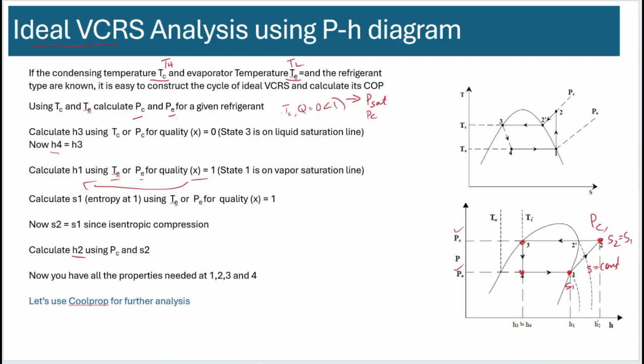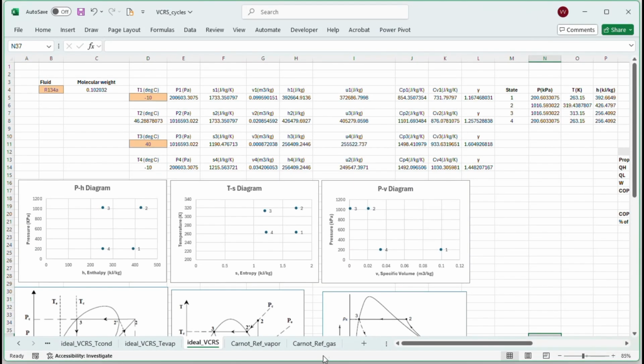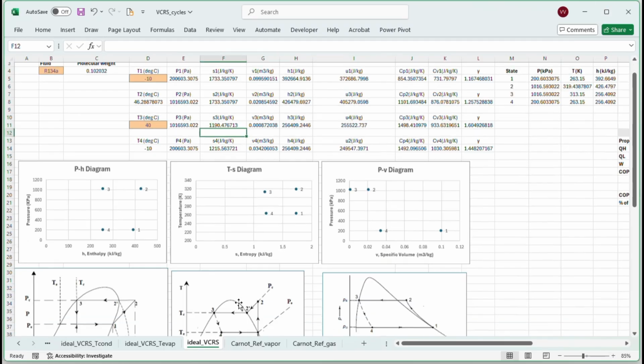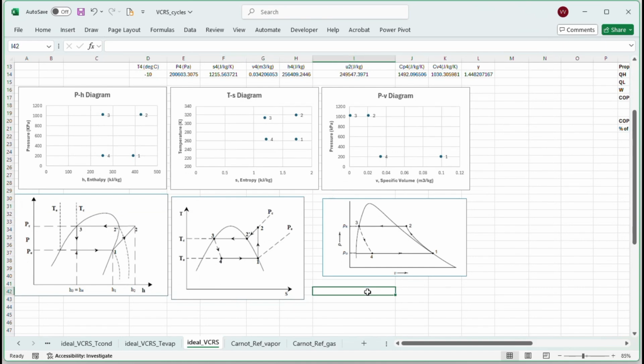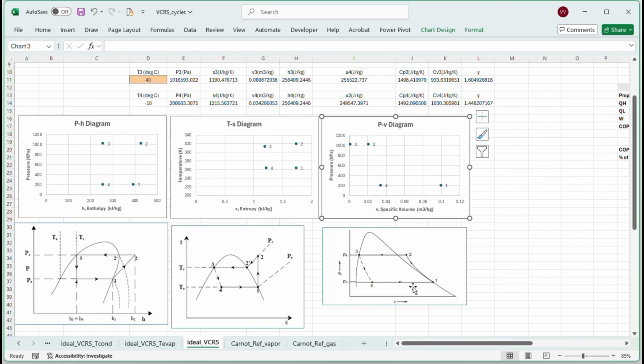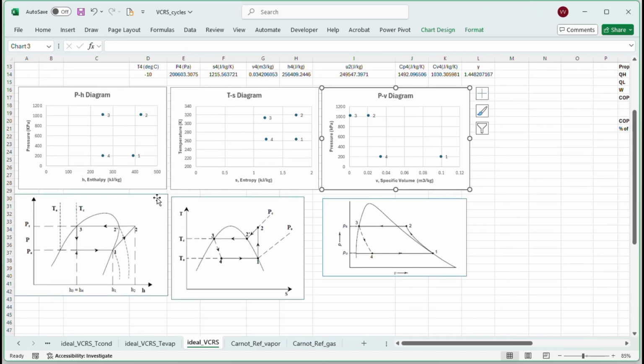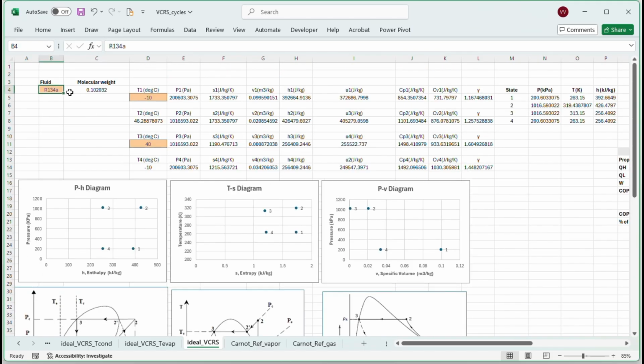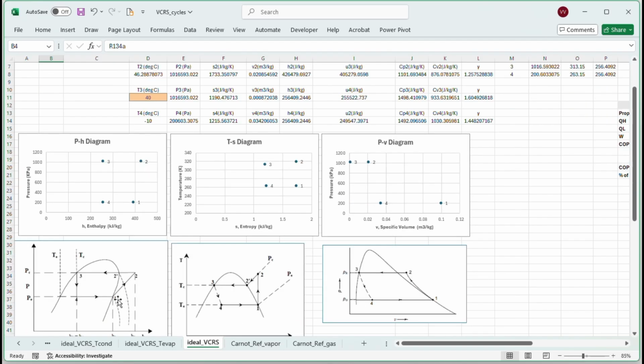So let's look at how to do this using CoolProp. Open your Excel file and go to the ideal VCRS tab. Here I've created the pH diagram, TS diagram, and PV diagram for any refrigerant that you want to choose, and I've created the 4 points, 1, 2, 3, and 4, just like in these diagrams.